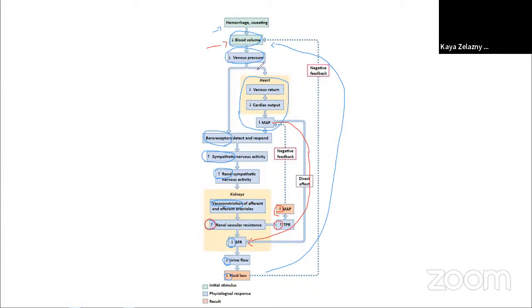So if you get lost in the middle, I would focus on what our initial stimulus is and what our result is. And then you want to know that this has something to do with the baroreceptors and the sympathetic nervous system. So I would consider those the important pieces here.